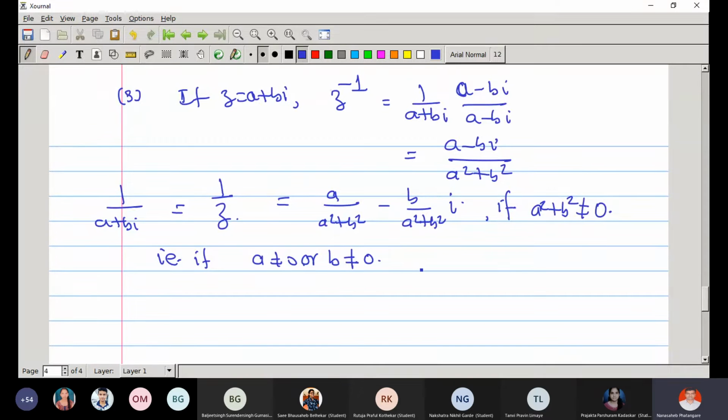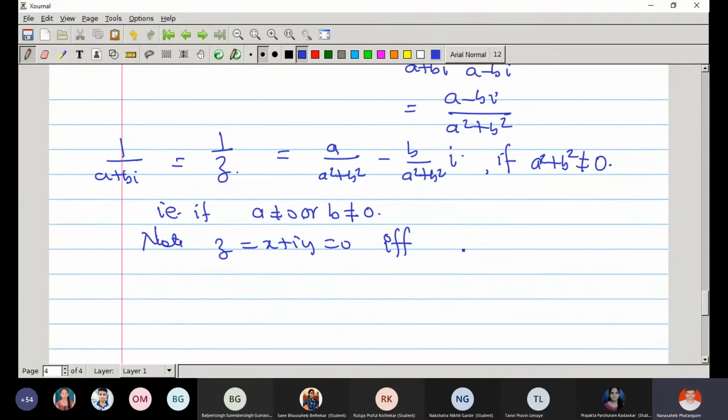Now note that a complex number x plus iy is 0 if and only if its real part is 0 as well as its imaginary part is 0.